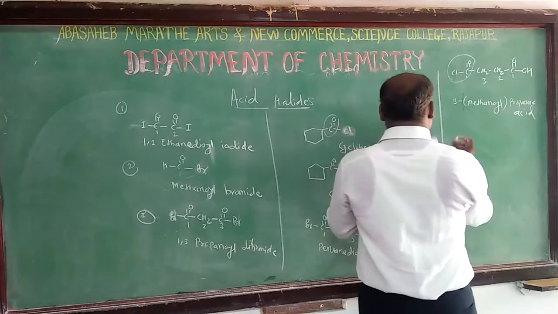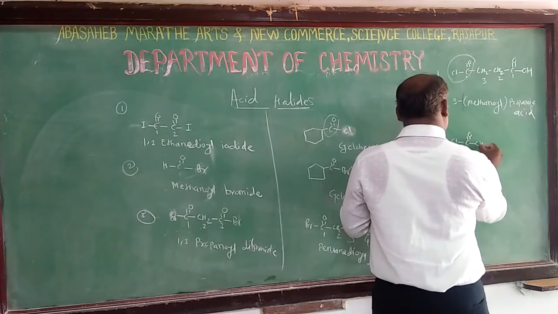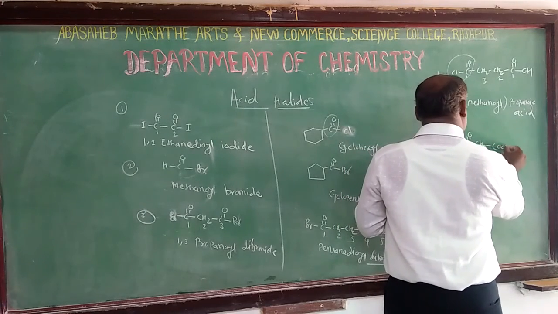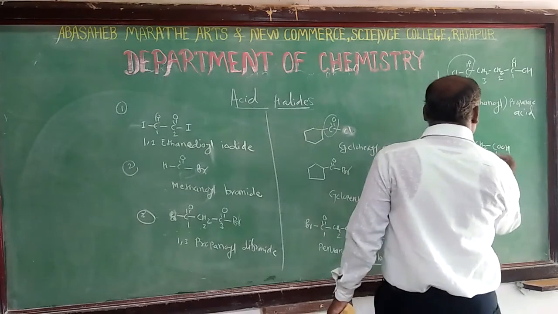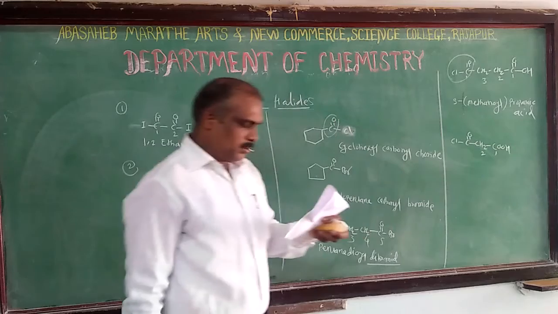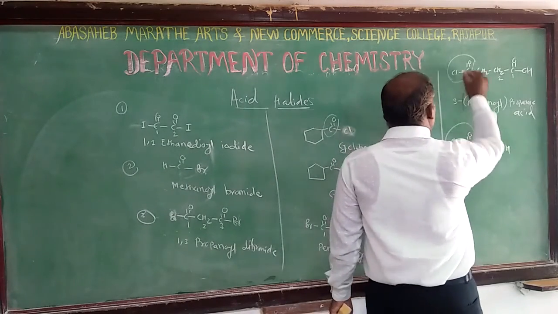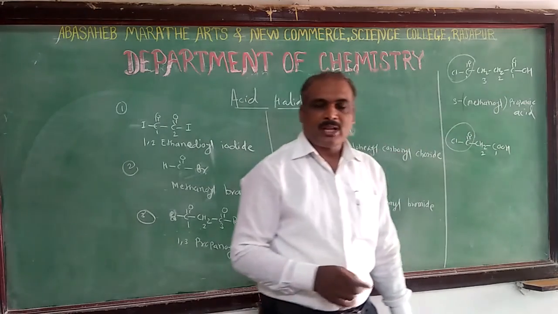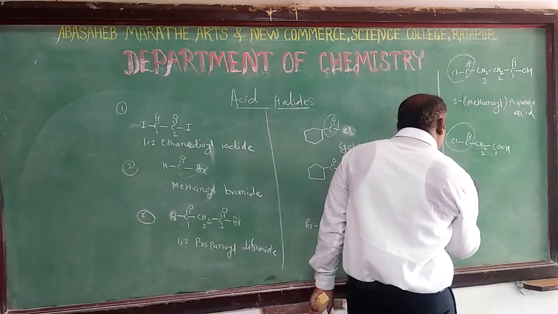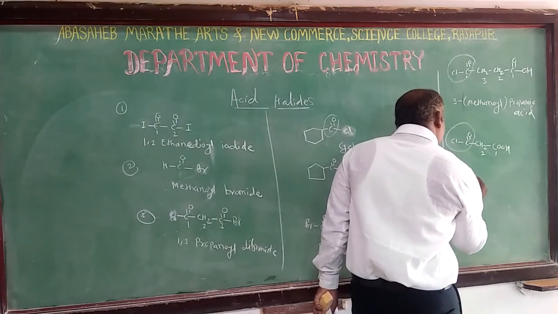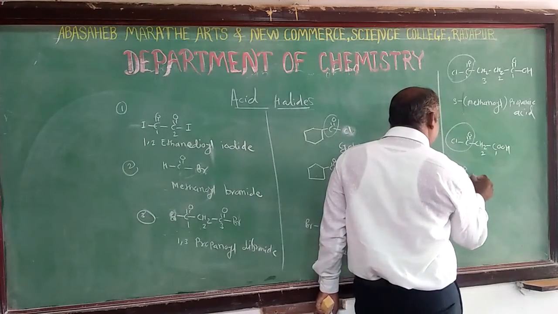Other examples we have taken like this. What is the name? Firstly, we have given the numbers 1 and 2. So this is the other name. It is also methanoyl. Another name: if this chlorine is replaced by OH, then it is a formic group.